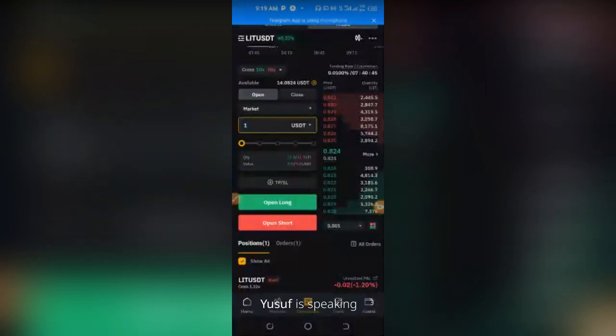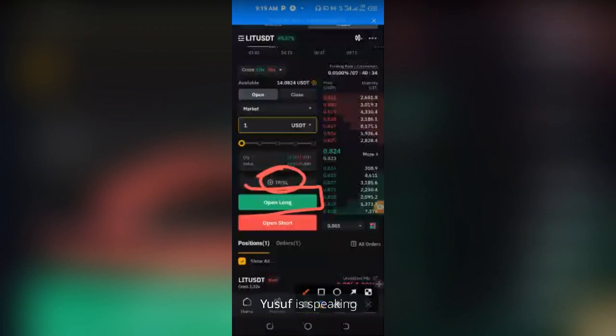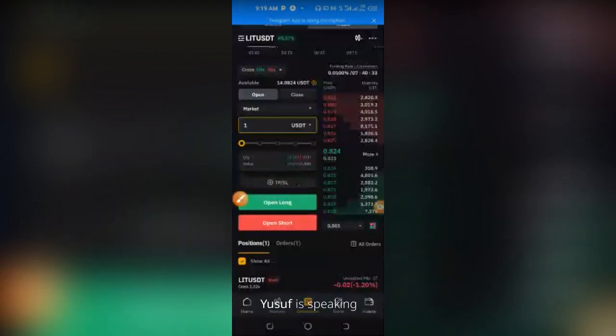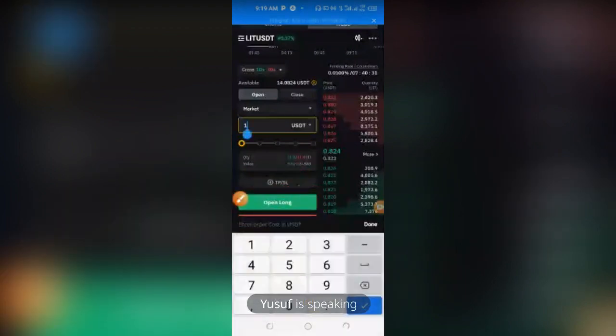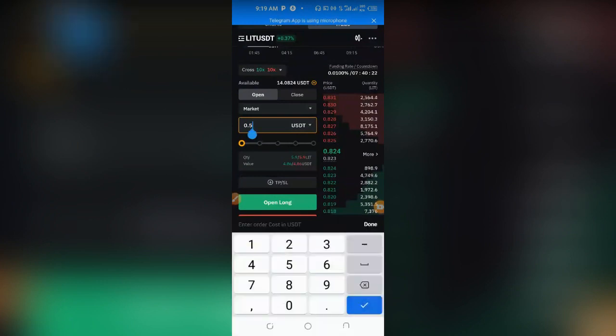So the next thing, I'll just come and click this button, open long. Then later I may set my TPSL after the trade is ongoing. I'm using too much money on these samples, and it's a real trade. Let me use very small volume because I'm not sure of the trade direction.